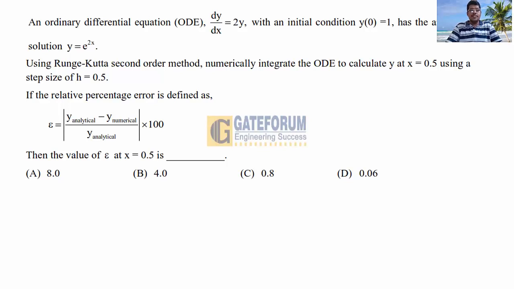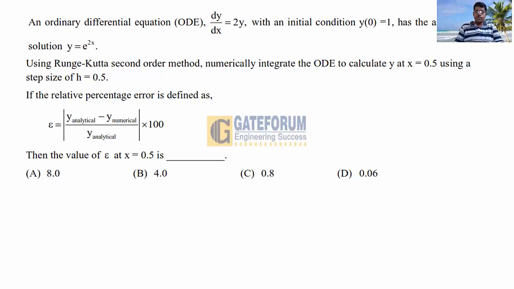If the relative percentage error is defined as epsilon is equal to (y analytic minus y numerical) divided by y analytic into 100, then the value of epsilon at x equal to 0.5 is. This question is from engineering mathematics, from the topic numerical methods, subtopic numerical solution to ODE, from GATE 2021.